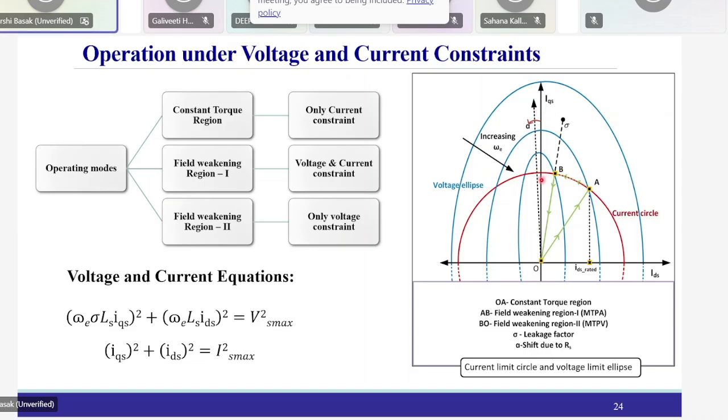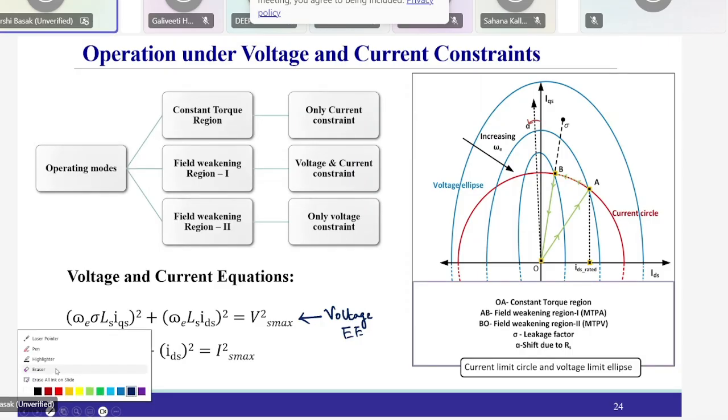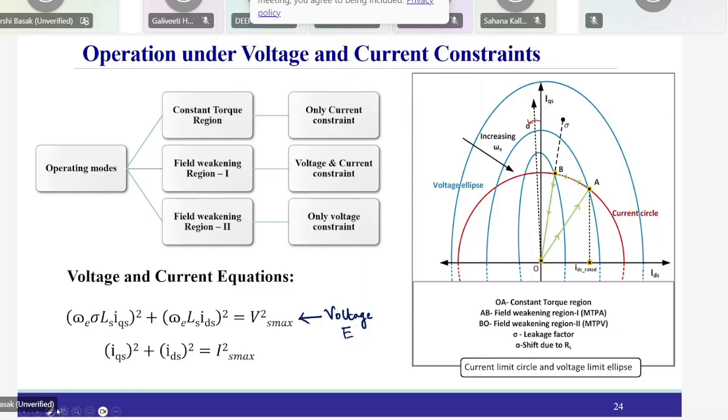This is the expression for the voltage ellipse, and this is the expression for the current circle.